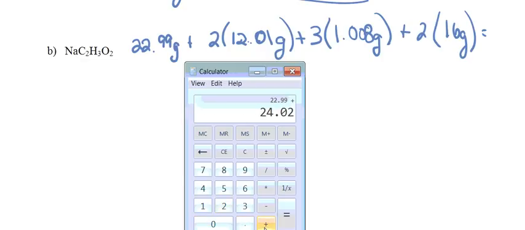That's 2 times 12.01, plus 3 times 1.008, which is 3.024, plus 32.